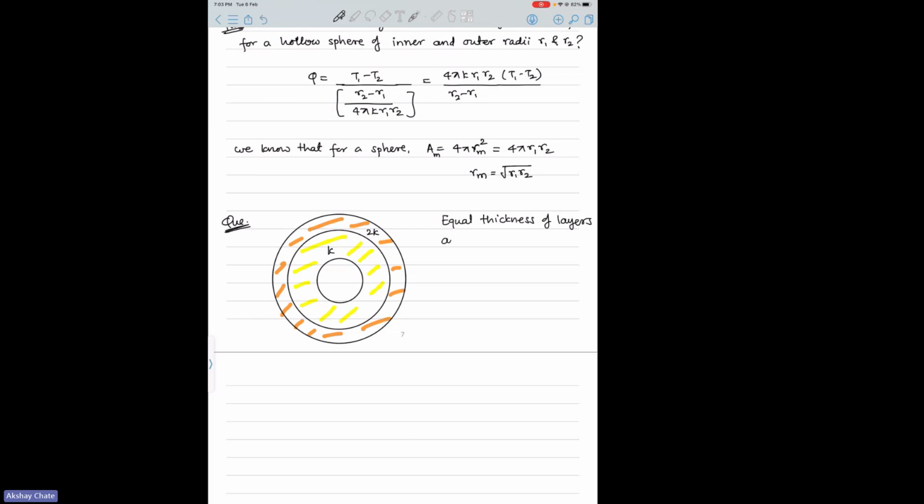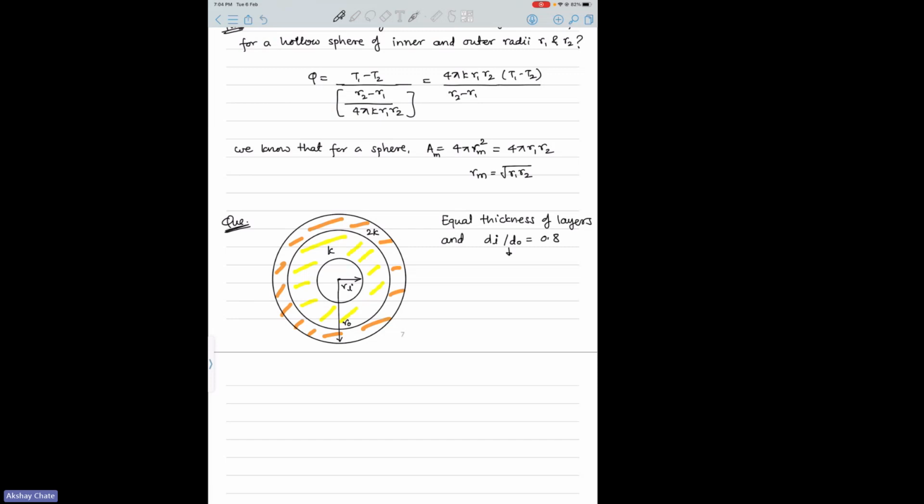And the ratio of inside diameter to the outside diameter is 0.8. So basically, if you look into this figure, this will be your Ri and this will be your R out.